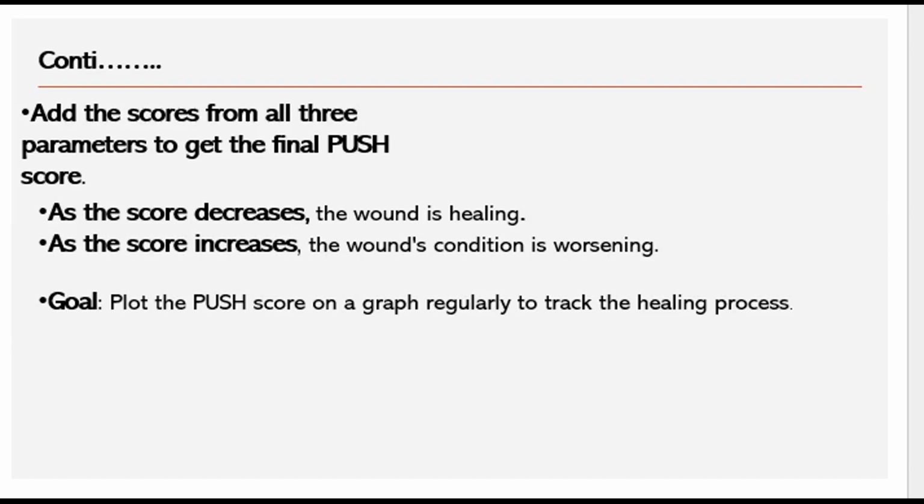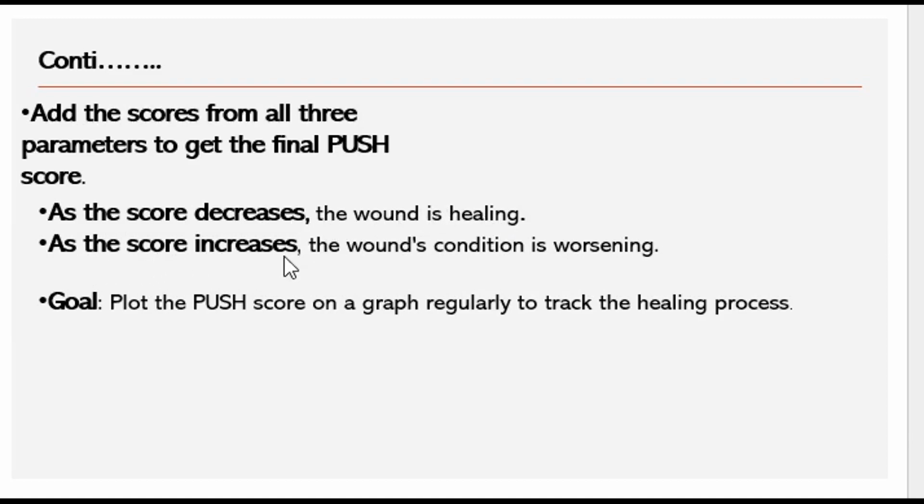Daily we mark the score and find out the healing process of the pressure ulcer wound. Once the score is coming down, healing is occurring. If the score is going up, the healing progress is worsening. That is the meaning. As the score decreases, the wound is healing.